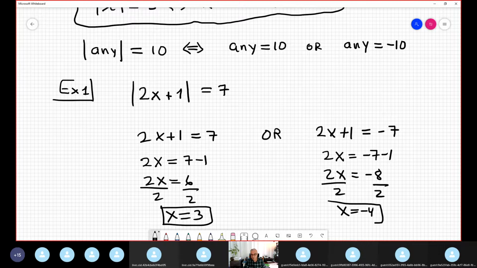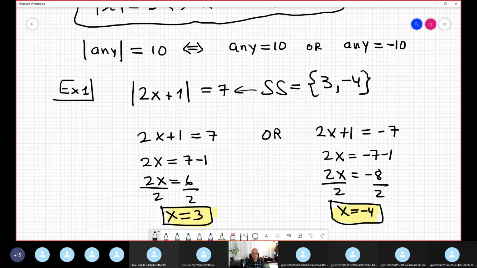Then we have two solutions. The solutions are positive 3 and negative 4. The solution set for this equation is {3, -4} or {-4, 3}. Doesn't matter the order. Do you follow me?